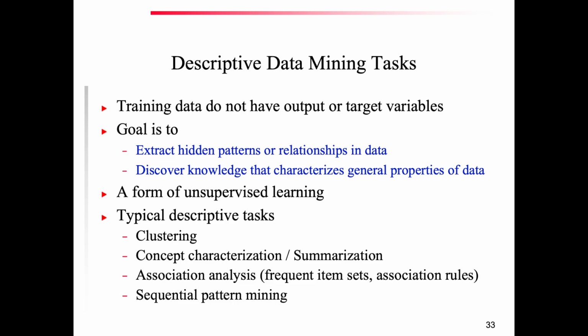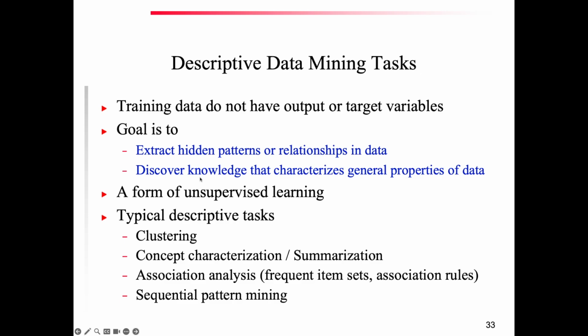So for supervised learning, for example, classification, we have labeled training data, and we are going to predict something based on that labeled training data, right? But when we don't have that, then we normally use unsupervised learning, and as your friend said here, it's more suitable with unsupervised learning because we have input data without any output or target variables.